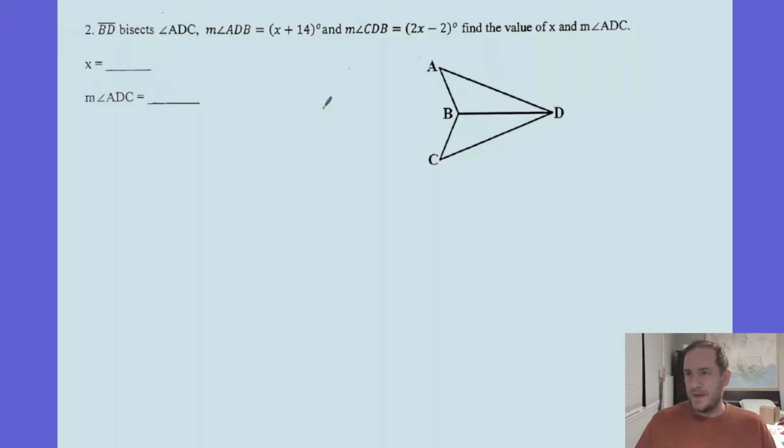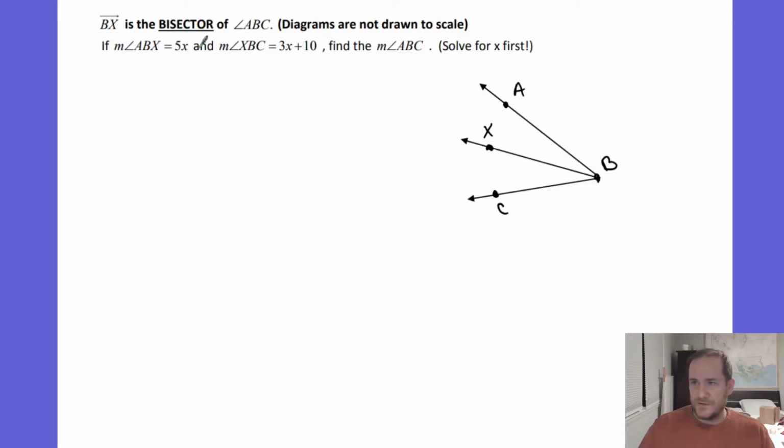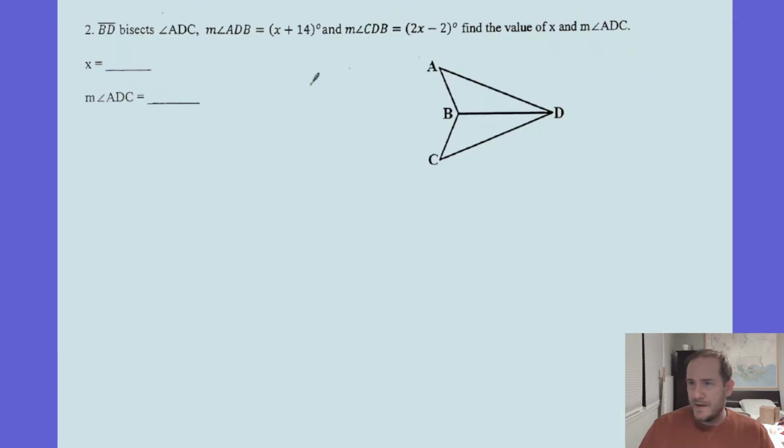Okay, next. Here's the problem that we already did from class. And here's another similar problem that I found. So again, you guys can try this one on your own if you want to, and then check yourself. But let me go over the original first. It says that BD bisects angle ADC. So make sure you're looking at the right angle. Angle ADC is the one here on the right.